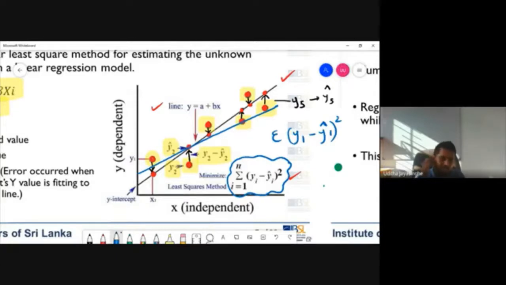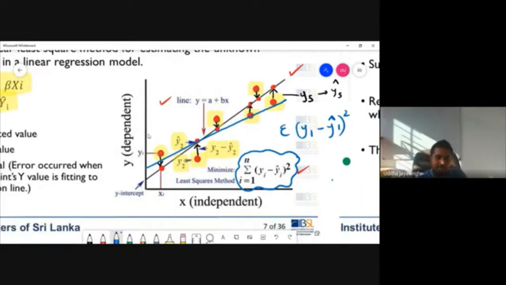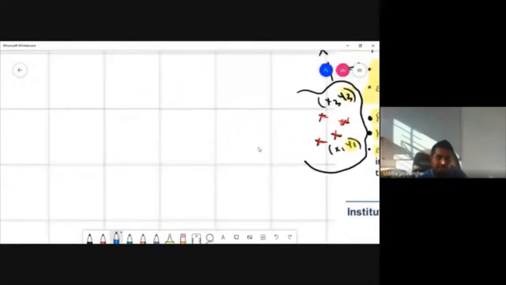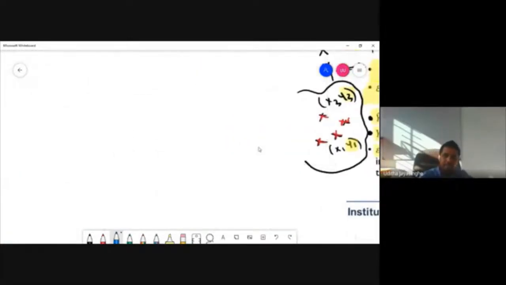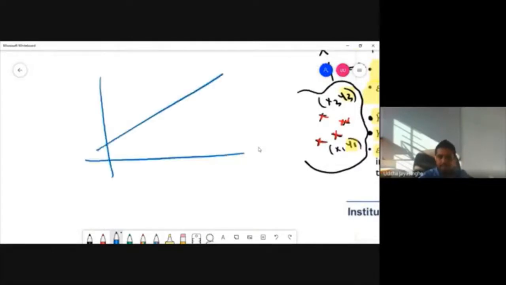What are those numbers? Let me take a different plane and take some values to give you a glimpse. Let's say this is the line that we discussed so far, and I'm going to take one value. The real value for this is going to be, let's say, 3 and 2.